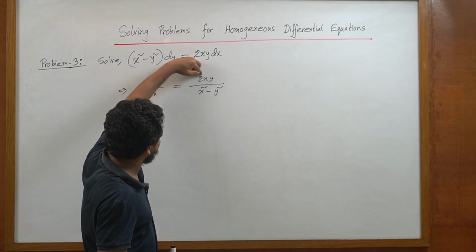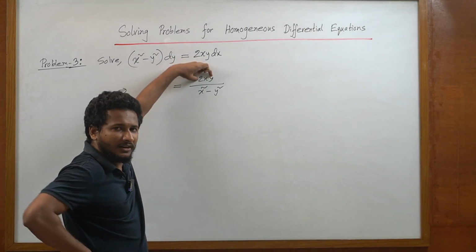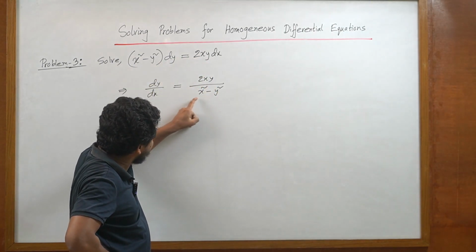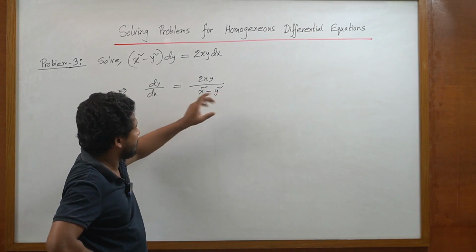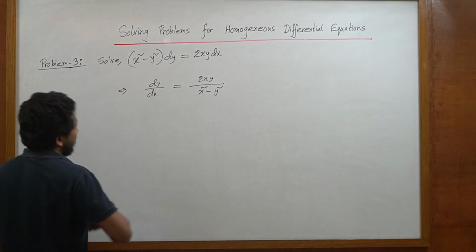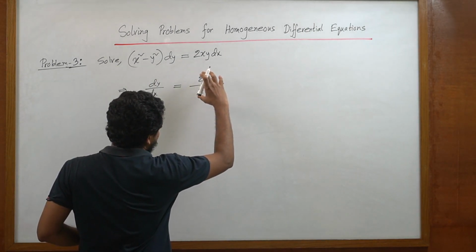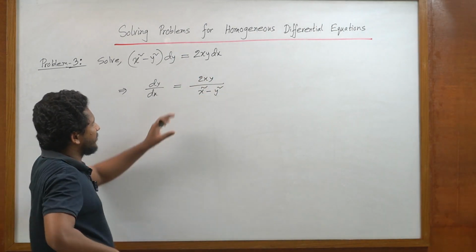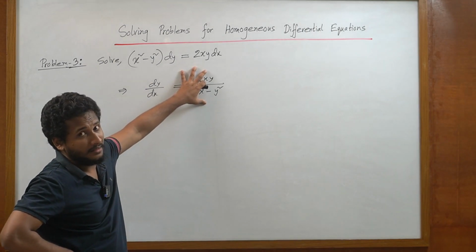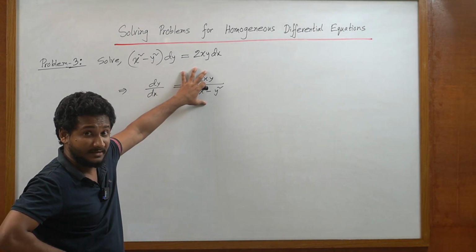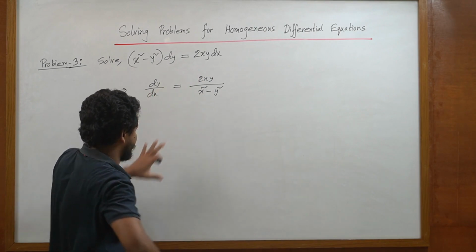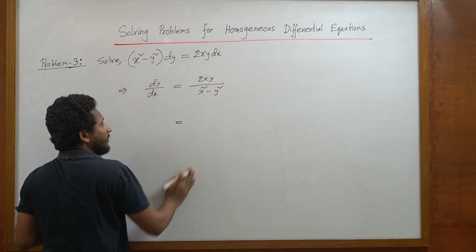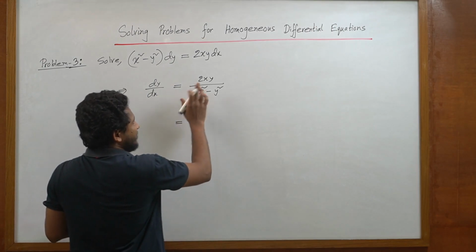Now this numerator is a homogeneous function, and the denominator is also homogeneous. So we can express this fraction as a function of y by x. So we will divide both numerator and denominator by x square.